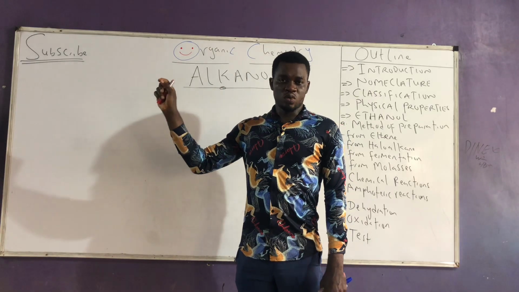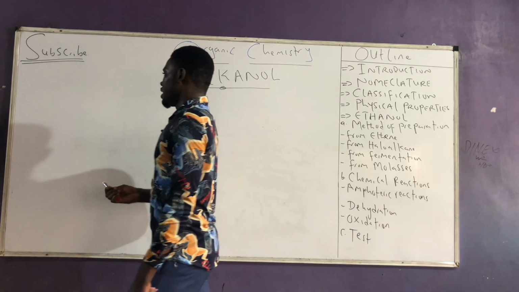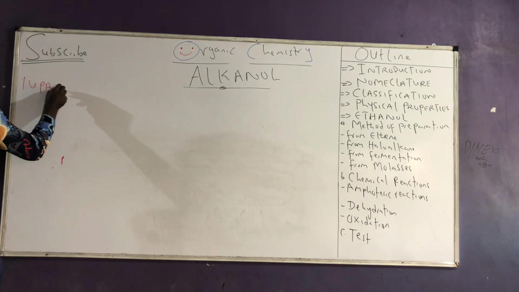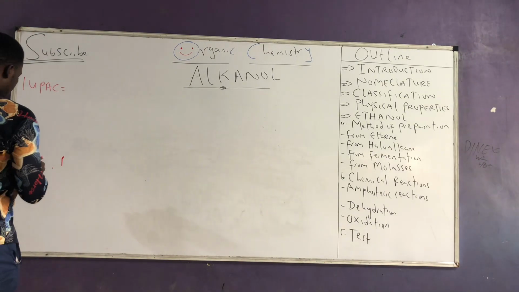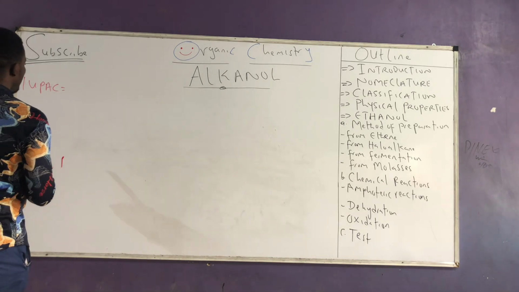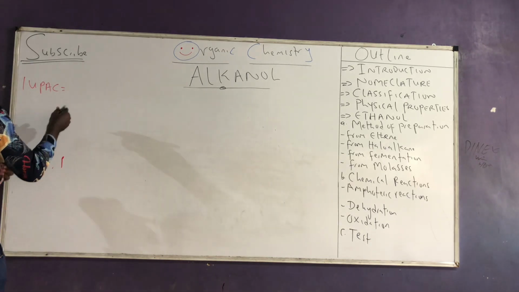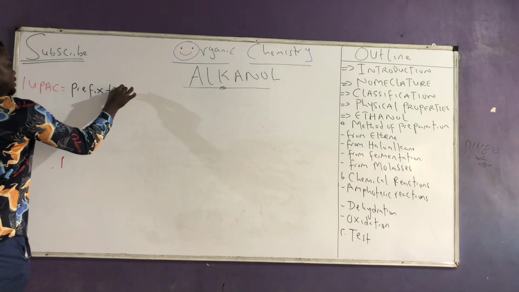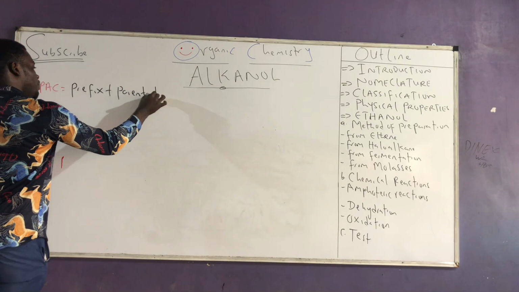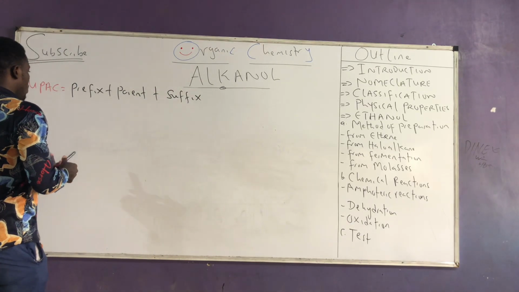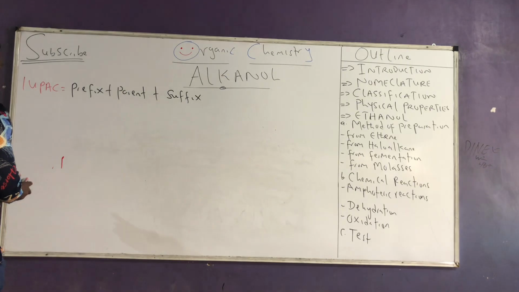From that video, you should be aware that IUPAC nomenclature is simply made up of 3 basic components: the prefix plus the parent name plus the suffix. This is equal to the IUPAC nomenclature.